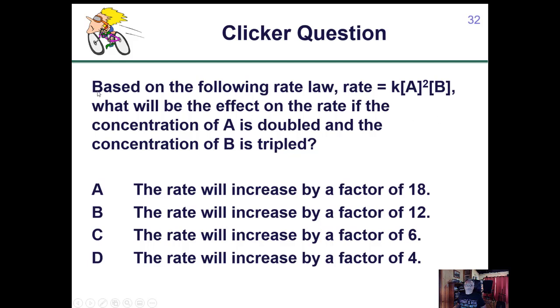And we're asking this question. Based on the following rate law, what will be the effect on the rate if the concentration of A is doubled and the concentration of B is tripled? Now, people puzzle over these, but all you have to do is put it in the right context, and it really becomes a very simple problem. So we run the reaction.